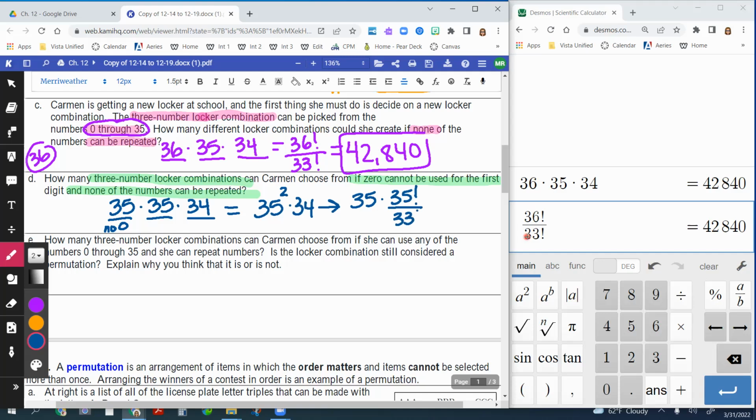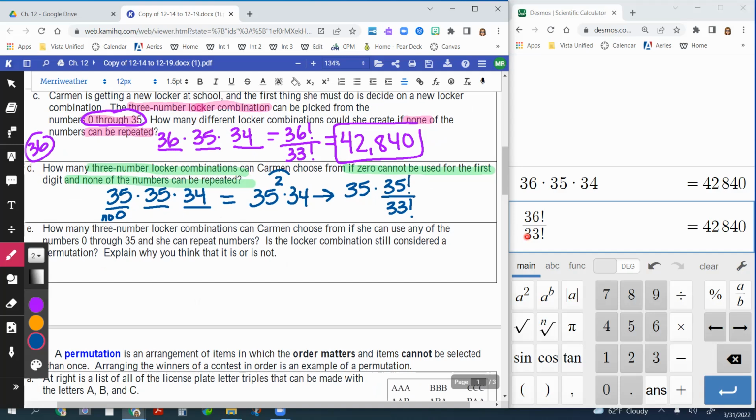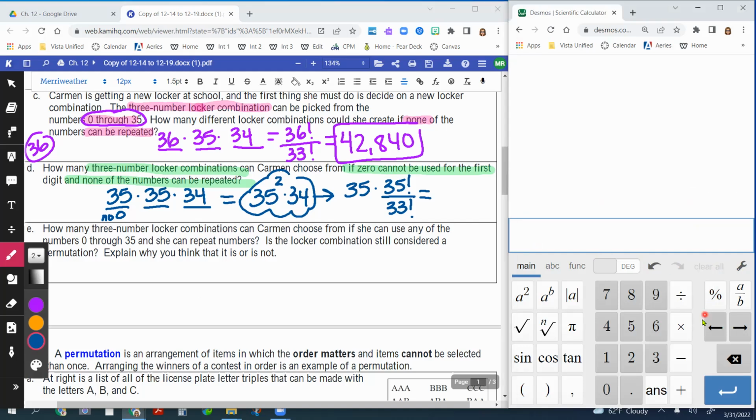I probably would not write it like that. I would either leave this one in a decision chart or write it as 35 squared times 34. But all of these should give me the same answer.